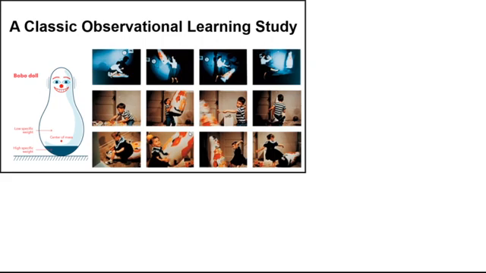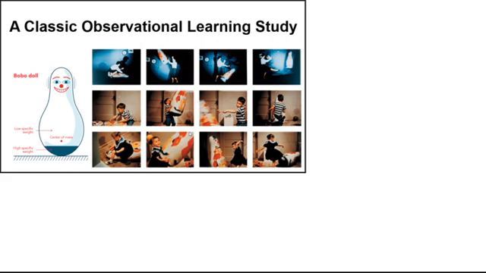So the setup here is that they had these Bobo dolls. You might have also seen them called like Weebles. They're really heavy at the bottom, and so when they sort of tip back and forth, they don't fall over. They will right themselves because of that low center of gravity, but it allows you to sort of interact with them and push them pretty aggressively, but they'll always stand back up again.